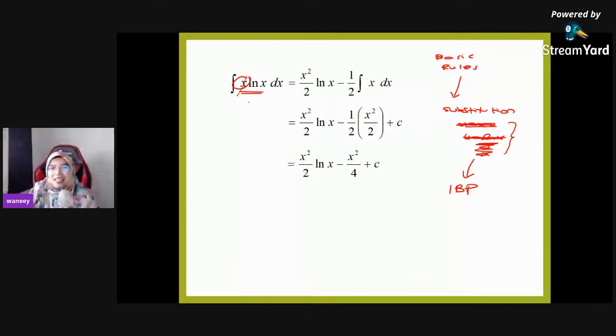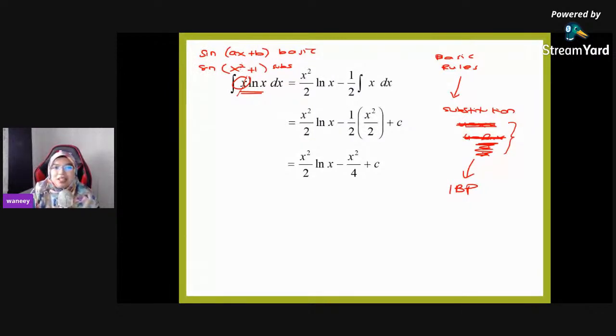What I will say is that normally I use substitution if I have a function inside. The basic rule we had was sin of ax plus b, so that is basic. But if I have sin of x squared plus 1, then I definitely need to use substitution. If there is a derivative, we use substitution. If the derivative is not there, most likely we need to use by parts.